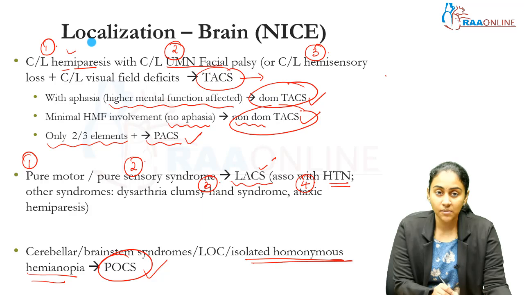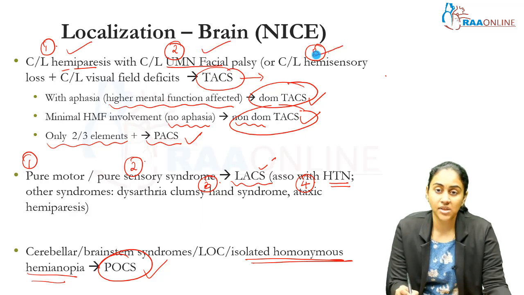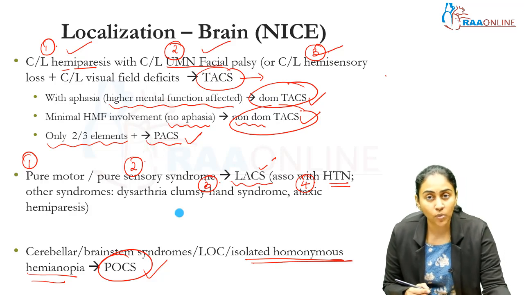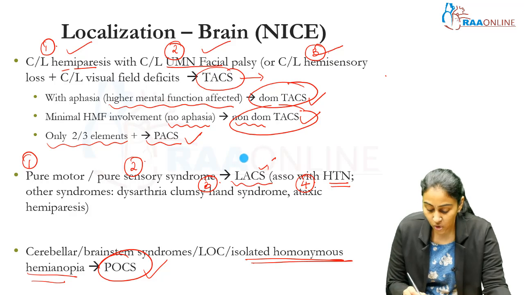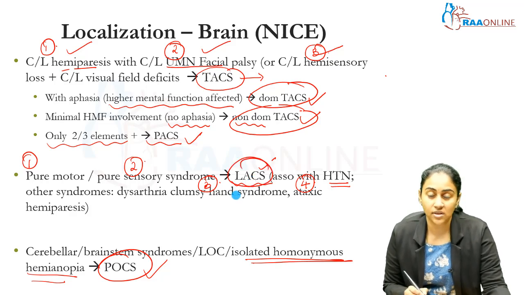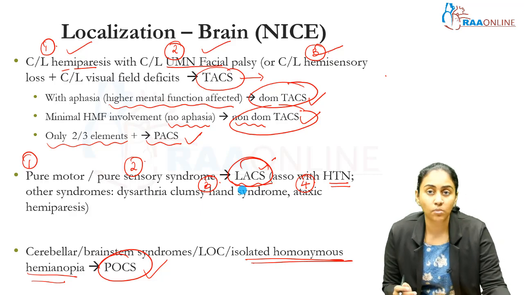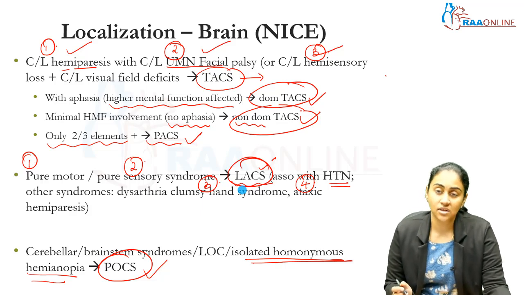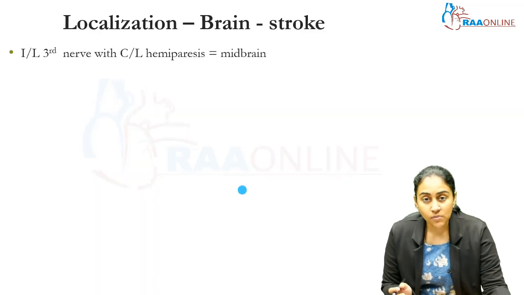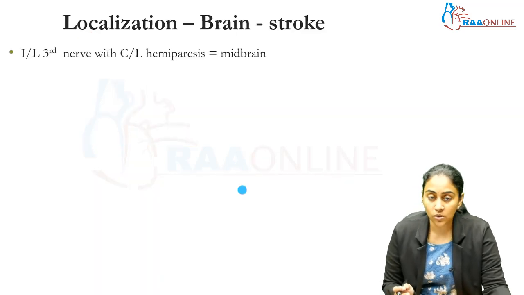Out of these 3 elements, if only 2 are present, let us say hemisensory loss with facial palsy, then it is going to be a PACS, partial anterior circulation stroke. Whenever you have a pure motor or a pure sensory syndrome, that is going to be your LACS, a lacunar anterior circulation stroke. And finally, when you have a brainstem or a cerebellar syndrome, that is going to be your POCS, a posterior circulation stroke.